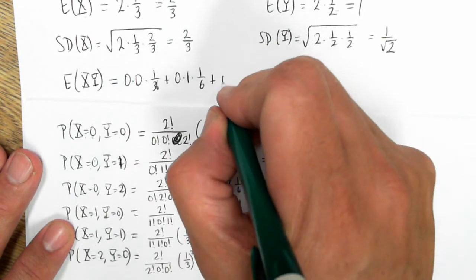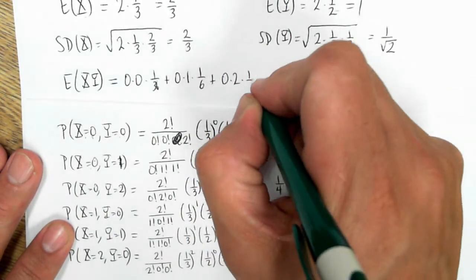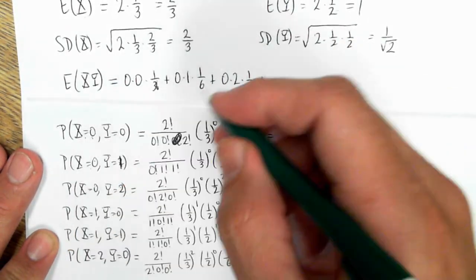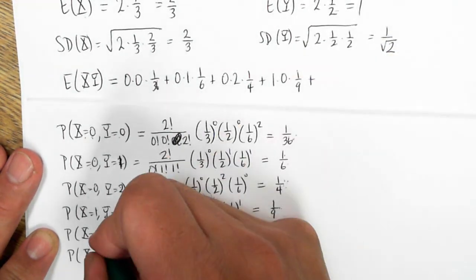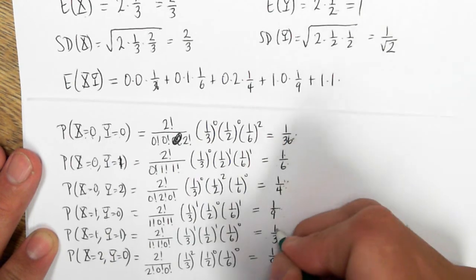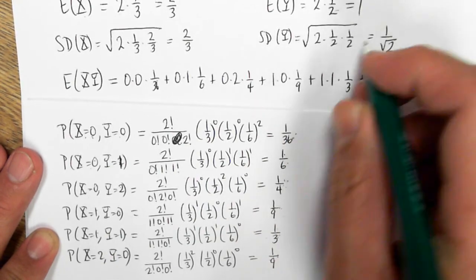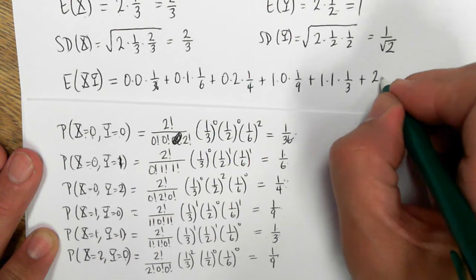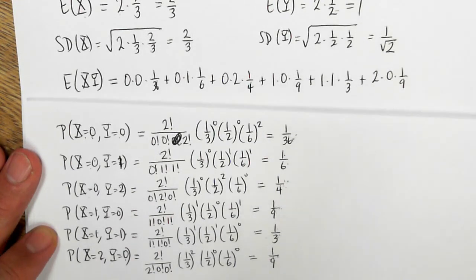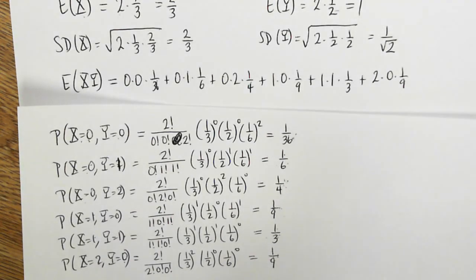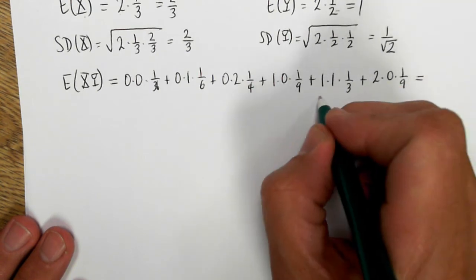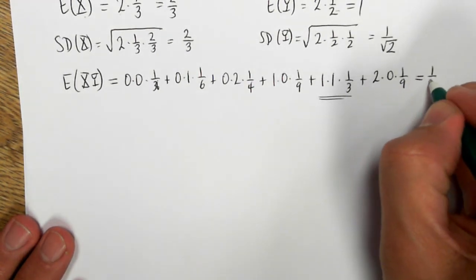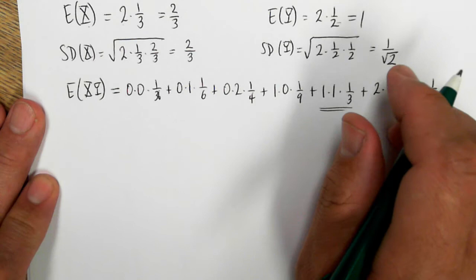Next, x times y, 0 times 2, times the probability, 1/4. Then 1 times 0, times the probability of 1/9. Then 1 times 1, times the probability, 1/3. And lastly, 2 times 0, times the probability, 1/9. So take x times y, times the probabilities for each. Clearly, the only term that contributes is going to be the one that I just underlined, and so the expected value of x times y will work out to be 1/3.